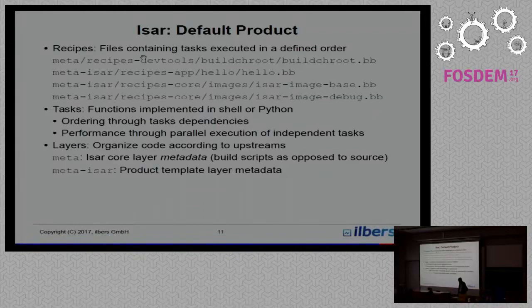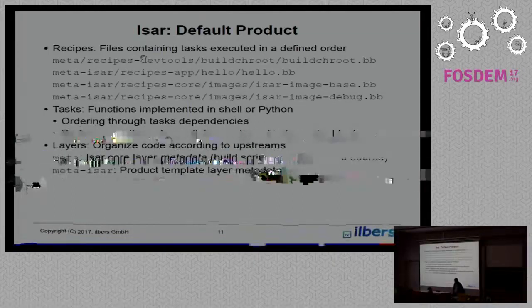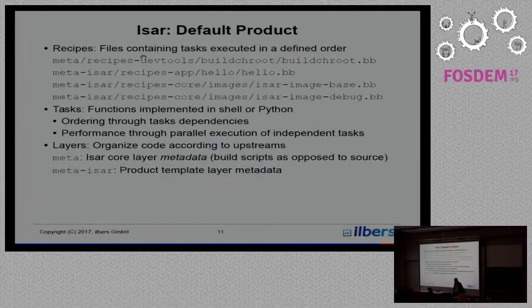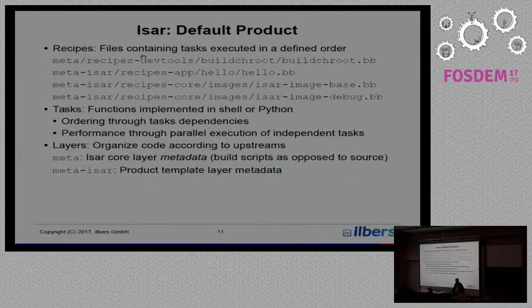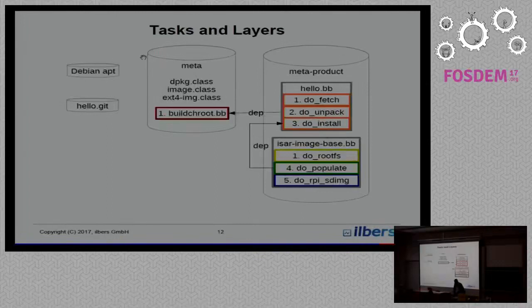The layer meta is a core layer, and it provides basic functionality like build chroot. And meta-isar is the product template layer, so that you can copy this template to your own project and modify files there.